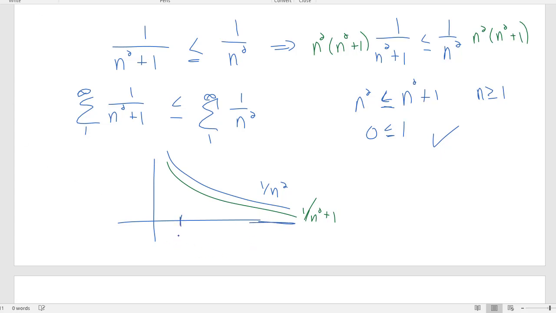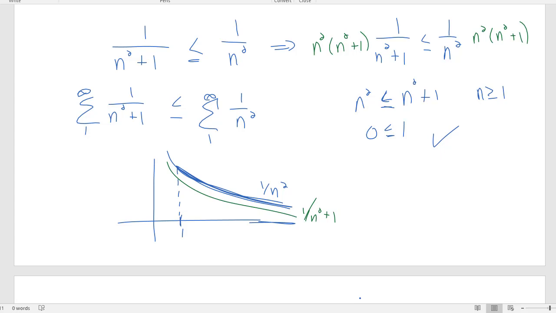So we know from 1 to infinity that the area under 1 over n squared is finite. That was a convergent integral in our last section. Right? So since the curve 1 over n squared plus 1 is a little bit smaller, then the area under that curve is a little smaller, and therefore it is convergent as well. It is finite. So that is the idea here behind the comparison test.